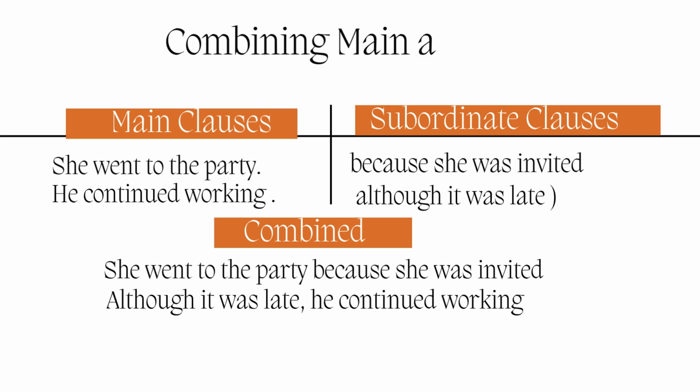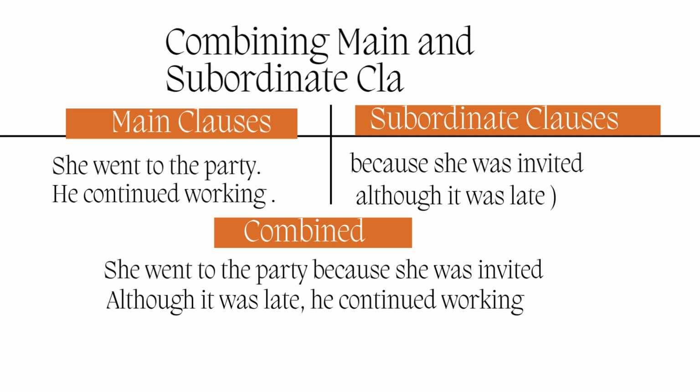Now, here come some examples combining main clauses and subordinate clauses. Fine. Now, this is where sentence structure sets in. Here now, we are structuring our sentences by combining main clauses and subordinate clauses, right?